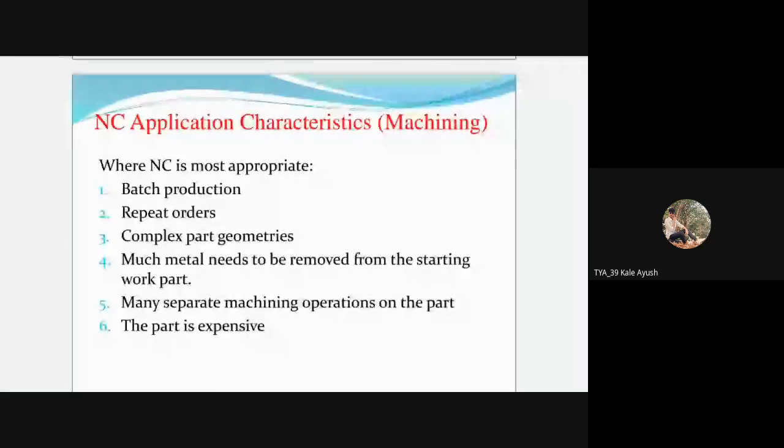Suppose if you require to manufacture a satellite, the satellite and its material are very expensive. For that purpose, the NC machine should be there, as compared to other machines.